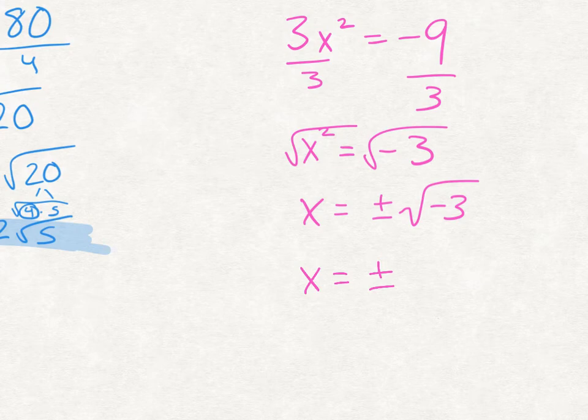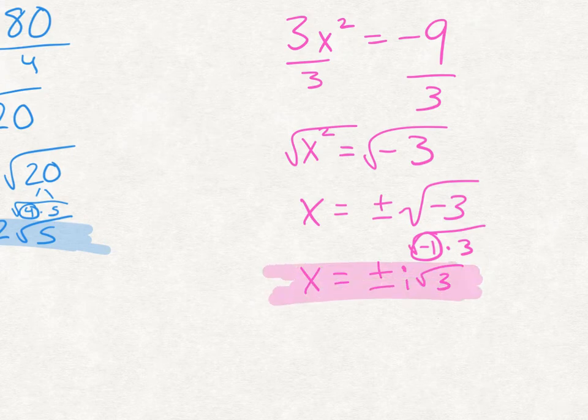You put an i. So this is negative 1 times 3. The square root of negative 1 is i. So this would be i square root 3. So these are two solutions here. So here our solution is an imaginary number.